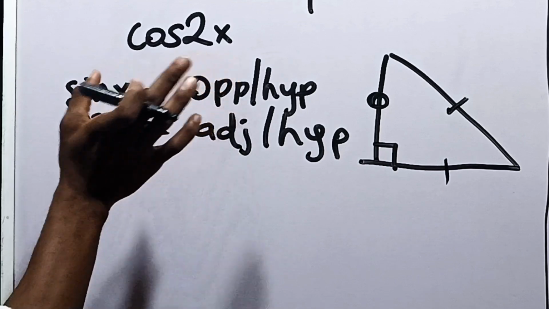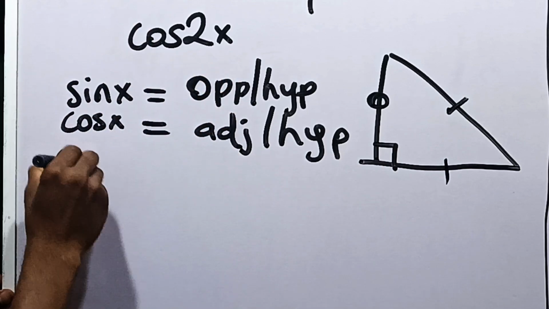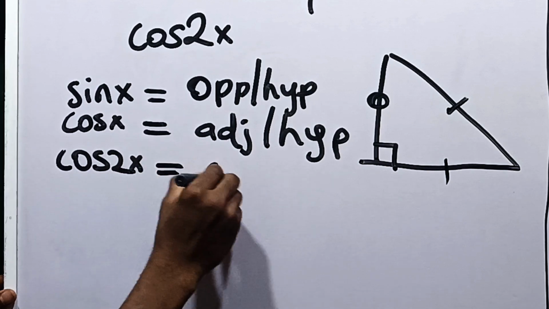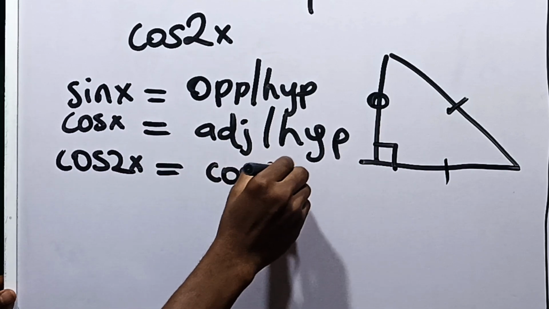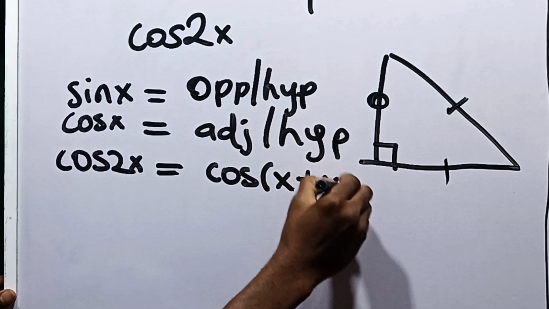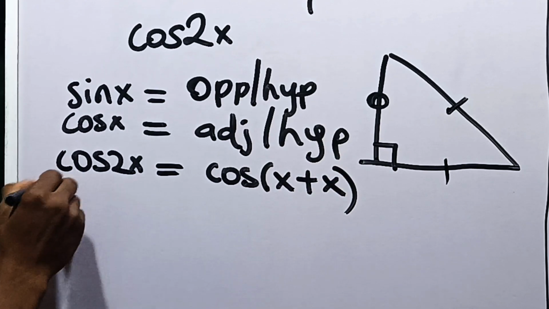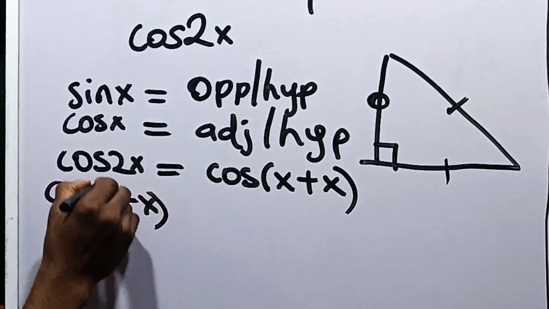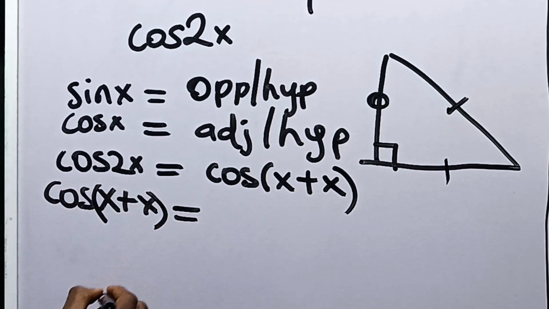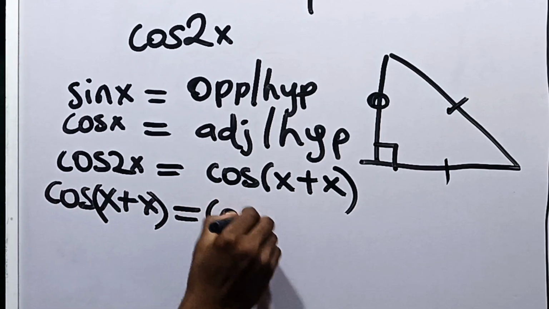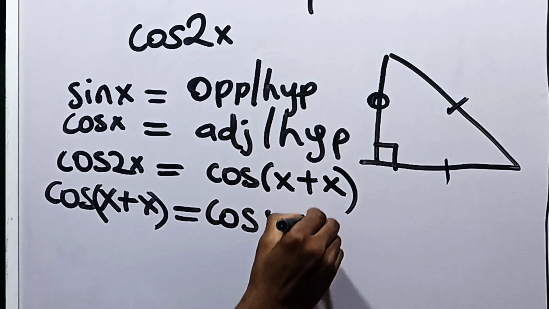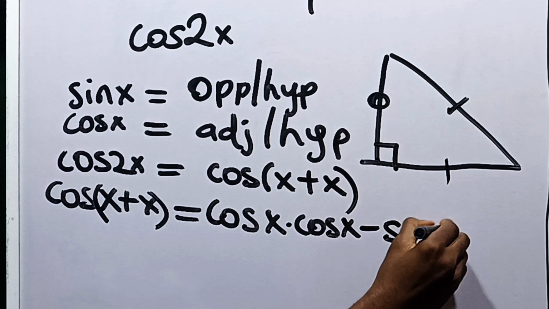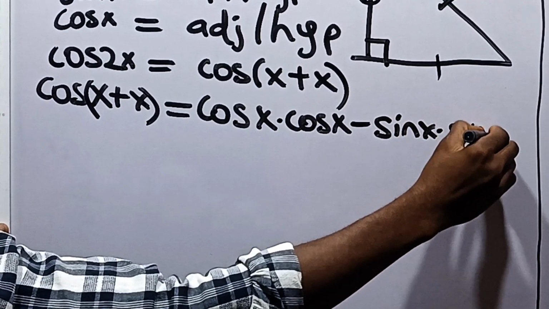Let me just say what cos 2x is before we solve. Now, cos 2x can be said to be equal to cos of, in brackets, x plus x, okay? So cos 2x is equal to cos x times cos x minus sine x times sine x, okay?